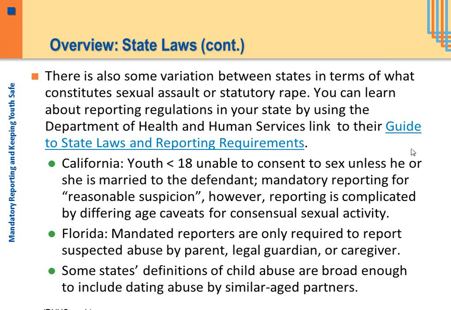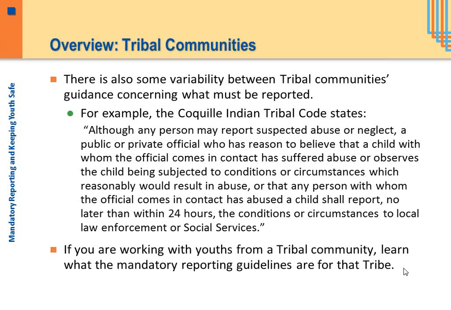So again, we encourage you to use these resources to look at your own state laws. For tribal communities, there is also variability between tribal communities, and so it's the same kind of guidance. You need to look up each tribal community and what those rules are.